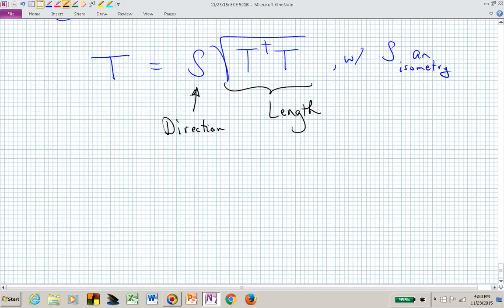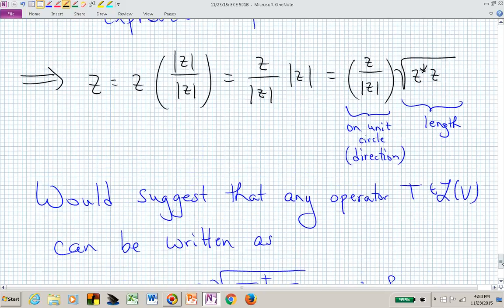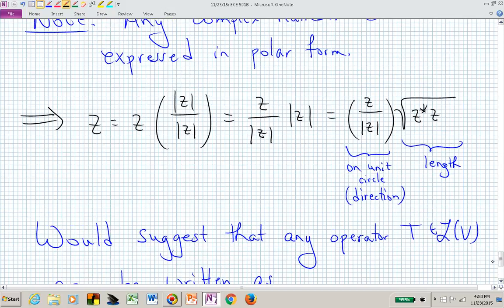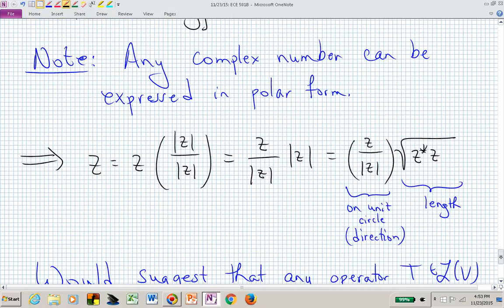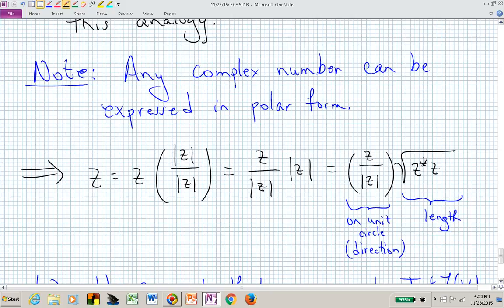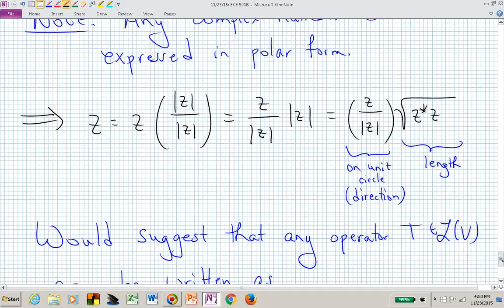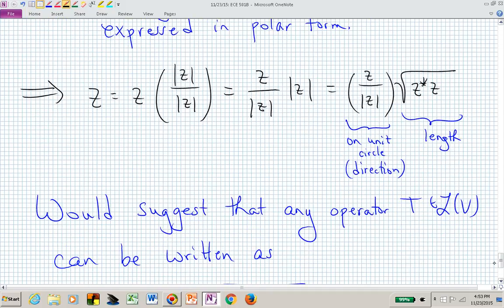So now, is this assuming that T is positive? Did I say anything about the complex number Z that I pulled out of a hat? No. So I'm just assuming that T is a linear operator on a vector space V. That's the assumption that I'm making, that it's an operator.